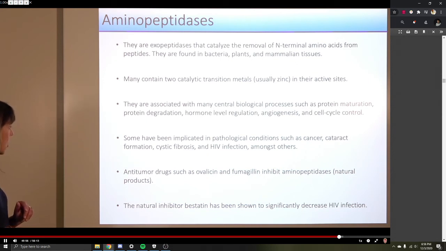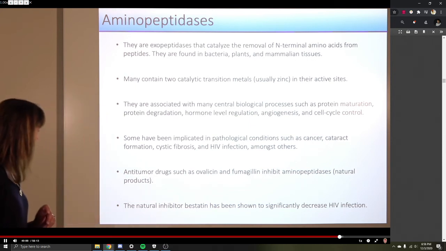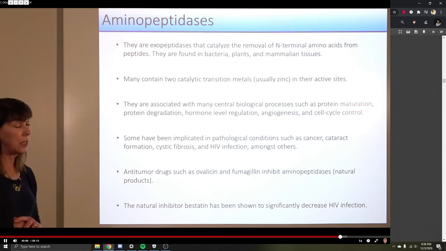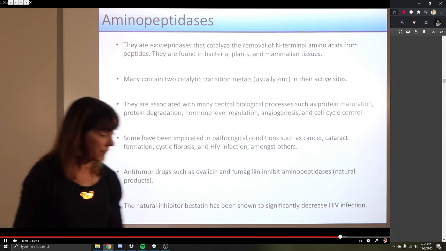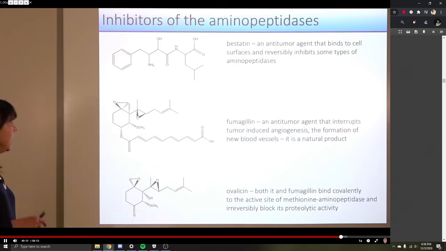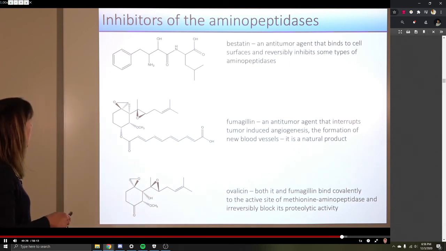These 2 compounds are natural products. They are made by soil-dwelling bacteria. And the natural inhibitor bestatin, again another one that's made out in nature, has been shown to significantly decrease HIV infections. So what do the structures of these inhibitors look like? This is important to look at, because if you look at bestatin, it kind of looks like a peptide, looks like the substrate, with a C-alpha and a C double bond O. But you can see that there are some differences, right?